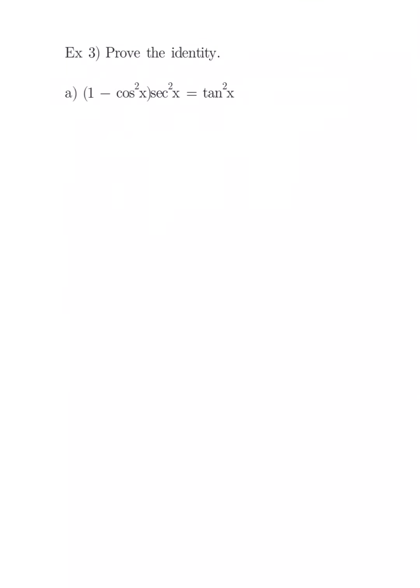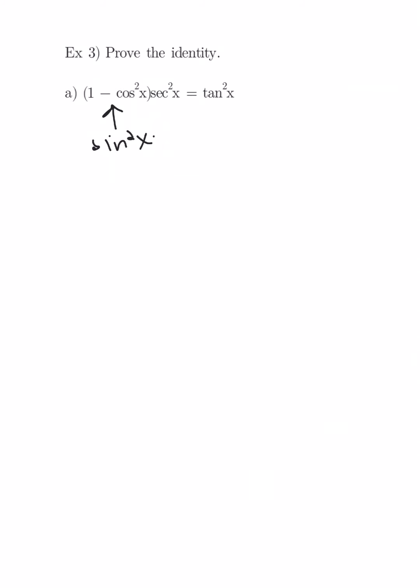Hopefully you all see that in this parentheses, that quantity is one of the Pythagorean identities. So the first thing I'm going to do is take that and rewrite it as sine squared of x. Another thing that you want to do frequently is rewrite the functions as sines or cosines. So when I look at this secant squared, I remember, wait a minute, that is the reciprocal of cosine.